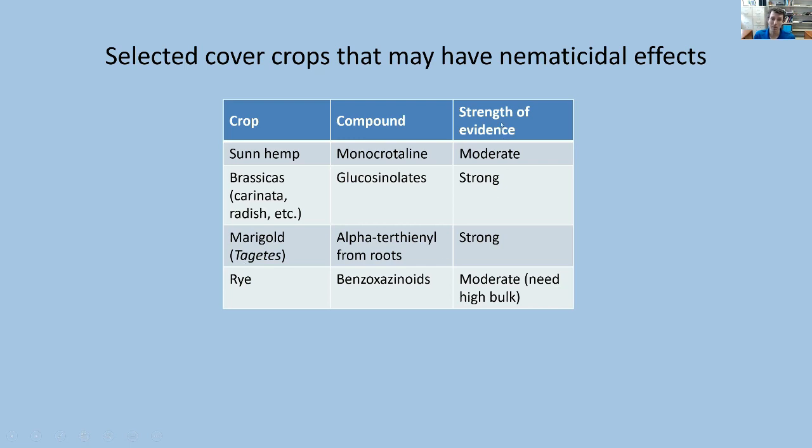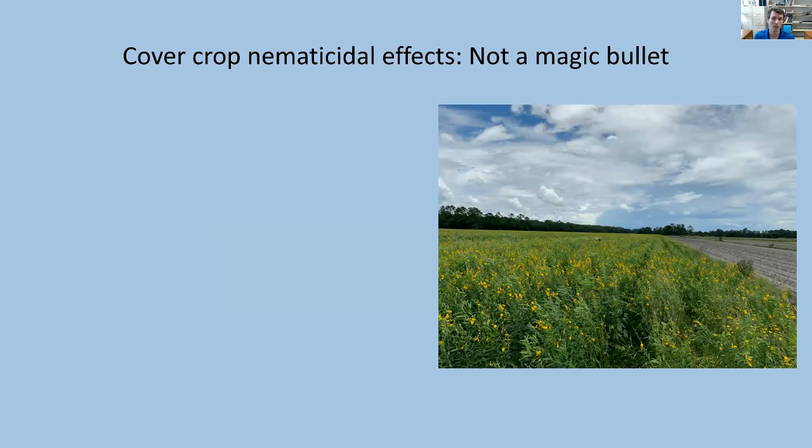I mentioned here that the strength of evidence for whether these compounds are actually nematicidal, especially in the field, tends to vary. For some of them, like the brassicas and the marigold, it's pretty strong that we can get a nematicidal effect. For others, rye and sun hemp, I classified it as somewhat moderate as to whether these compounds are actually providing a nematicidal effect in the field.